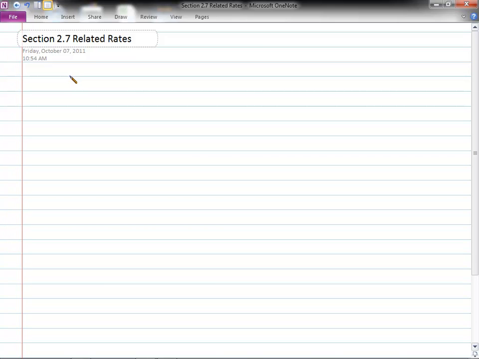In particular, thinking of derivatives as rates of change. I just want to refresh our memory, since it's been a while since we've talked about this.